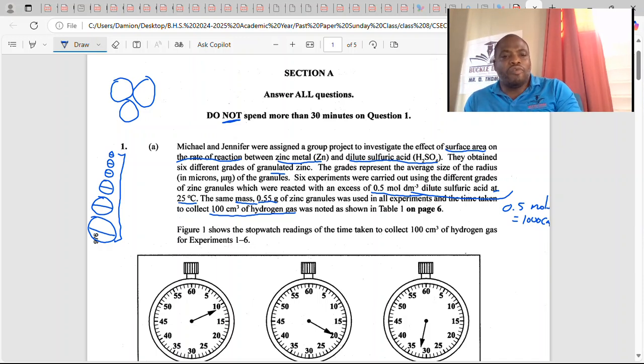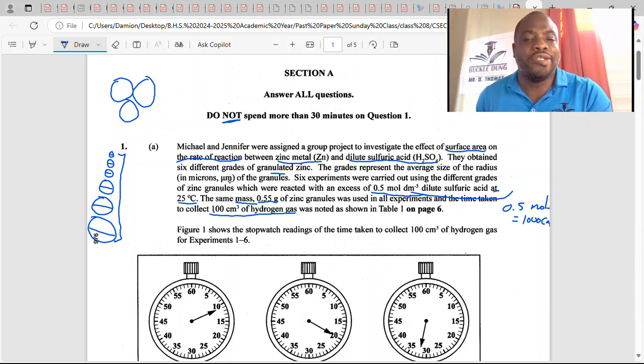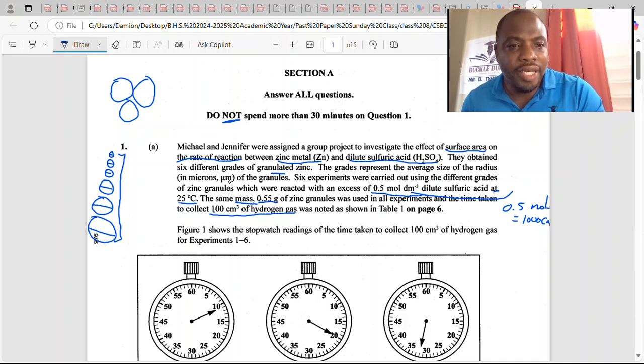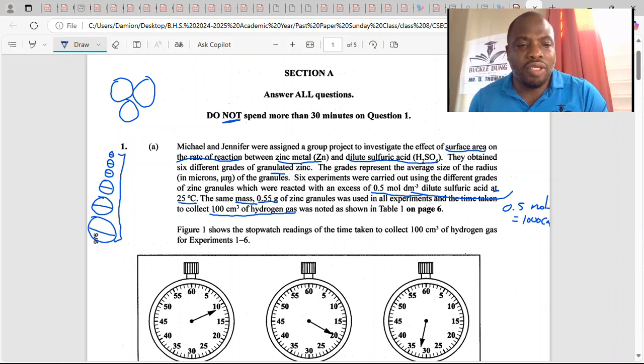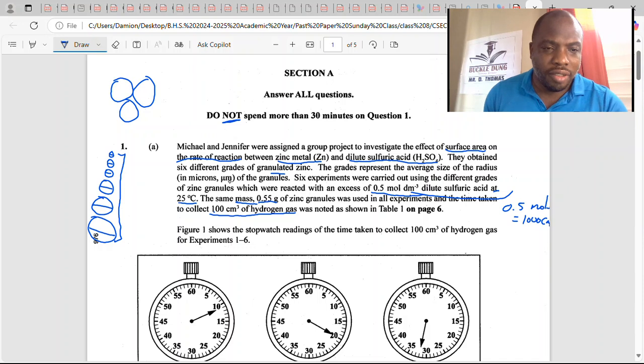So we're looking at the time taken for Michael and Jennifer to collect 100 centimeter cubes of the hydrogen gas in the 6 different scenarios. Again, in which one of these do you think you're going to get the 100 centimeter cubes of hydrogen gas the fastest? The top one.